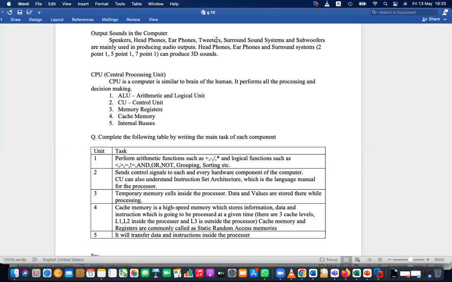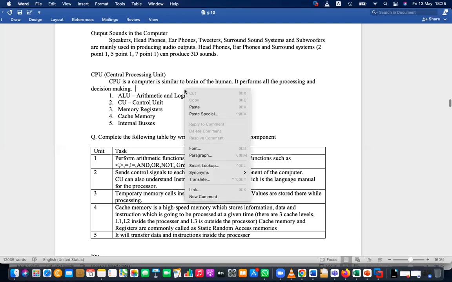Likewise, grouping according to similarities, similar features, and sorting in ascending or descending order will be done with the help of the CPU. Actually, each and every task, even when I right click in this computer, the process related to this happens inside the CPU. In order to display this menu, the CPU needs to be activated.